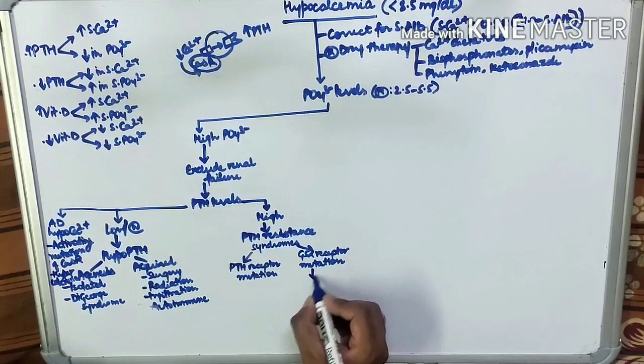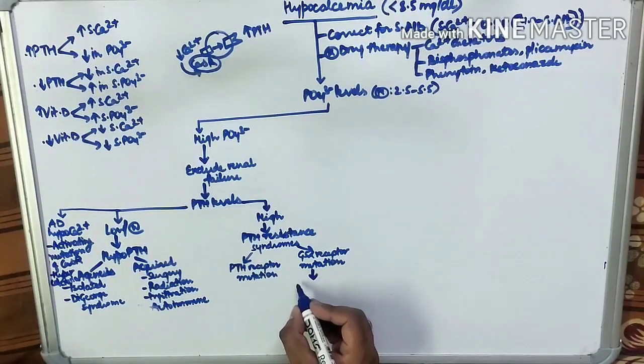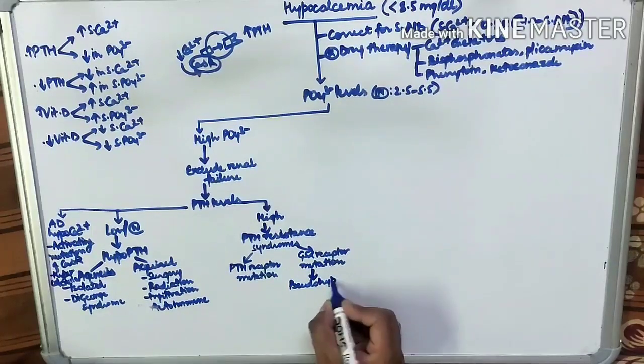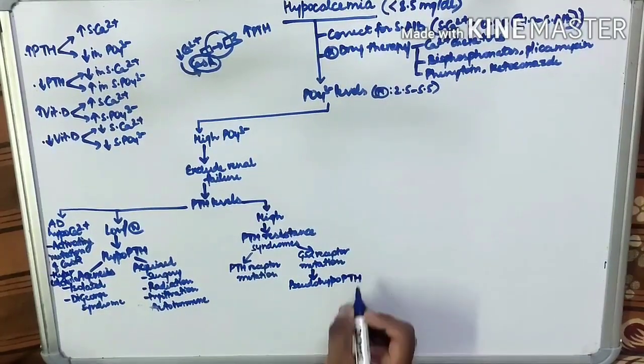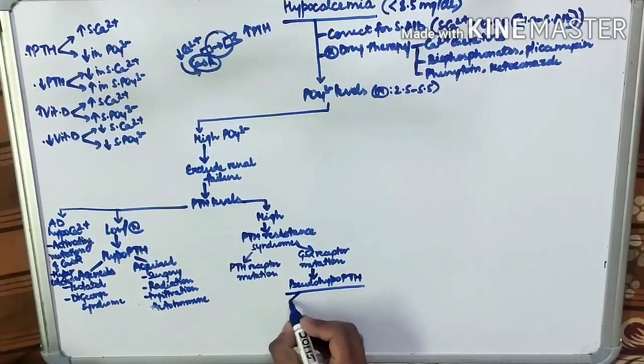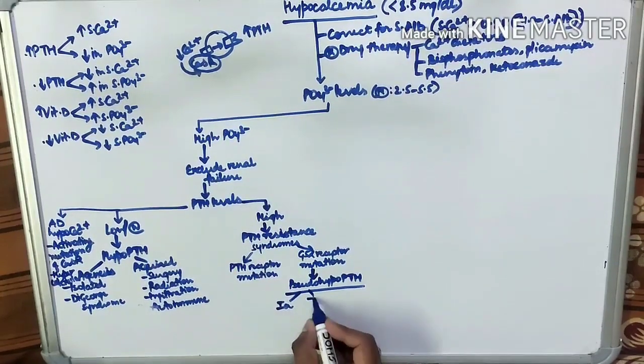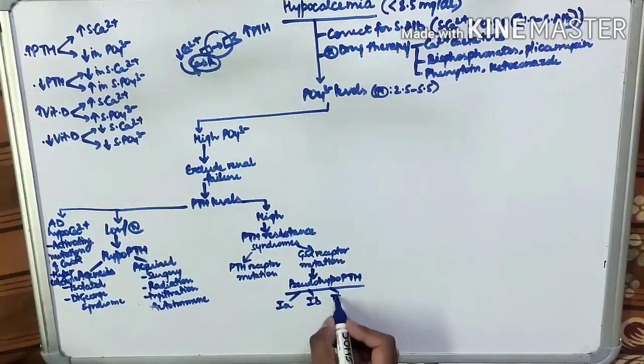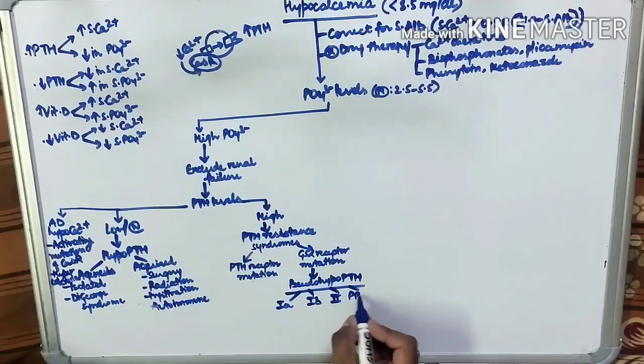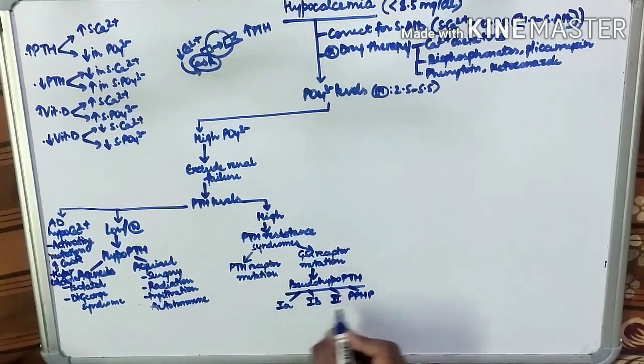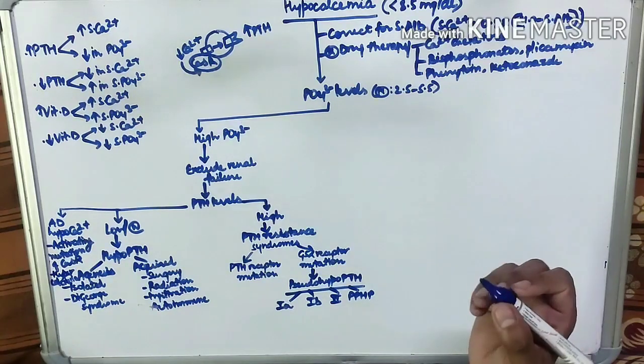Collectively, it comes under the category of pseudohypoparathyroidism. Pseudohypoparathyroidism is of 4 types: 1A, 1B, 2, and pseudopseudohypoparathyroidism. I'll take up this topic separately in the subsequent part of the lecture.